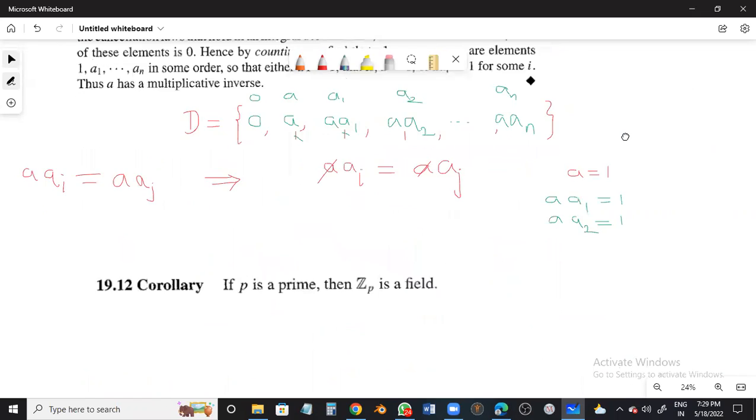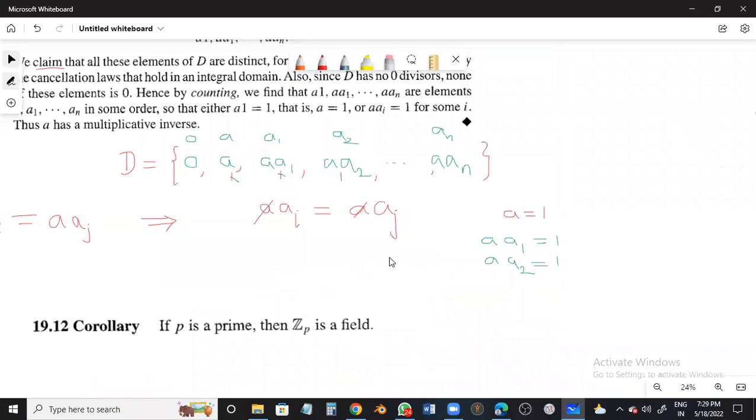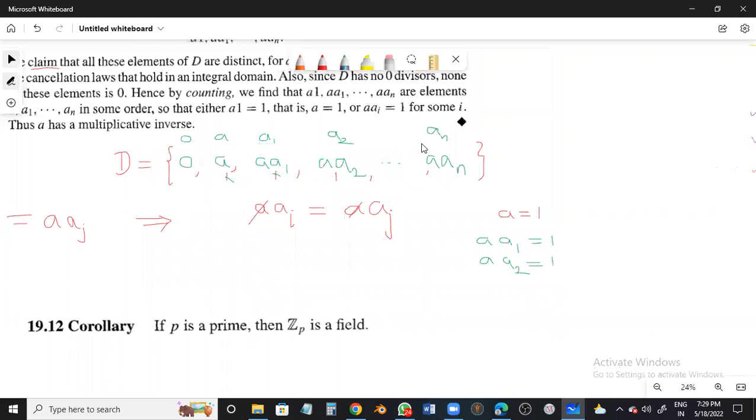Or in my wording, you can see what we stated. I'm getting back the same set. If the set is the same, either a will be itself 1 or a into a1 will be 1 or a into a2 will be 1 and so on.